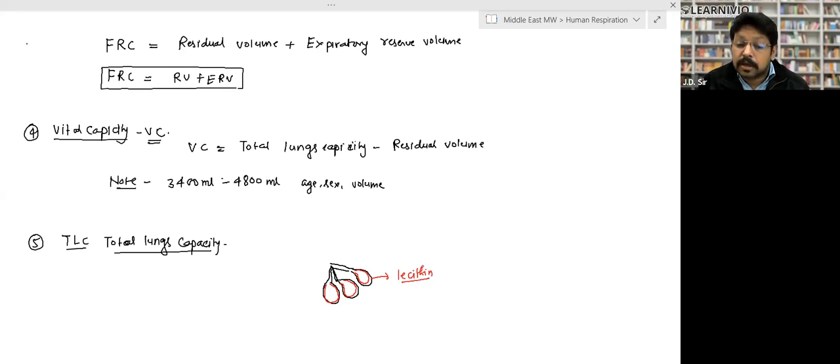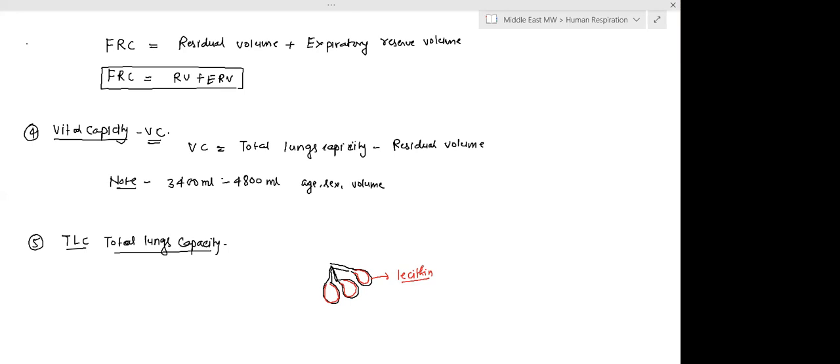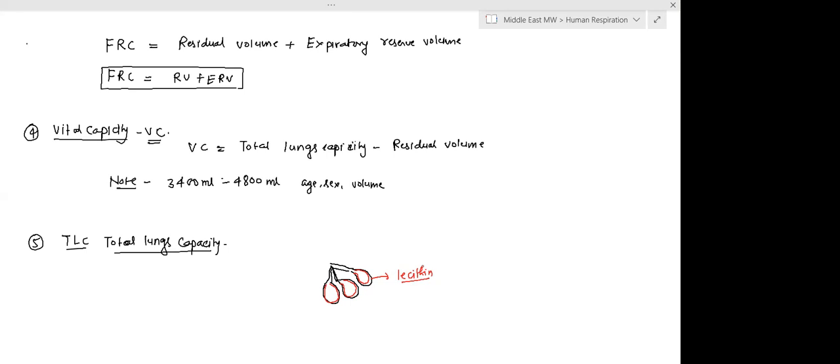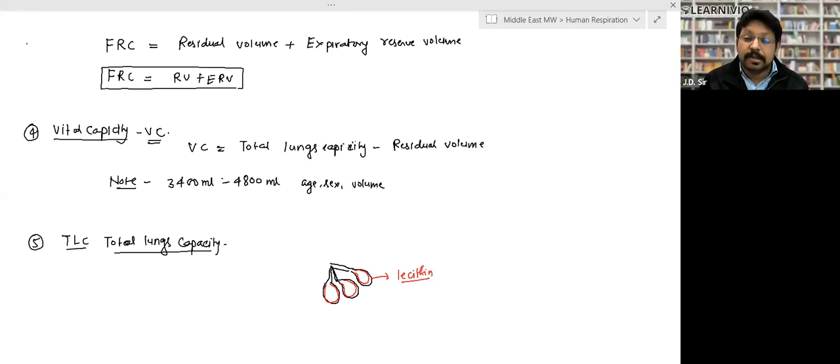Yes, sir. A kid doesn't respire inside the mother's womb. When a child is inside the mother's womb, there is a liquid, which has a high amount of urea.